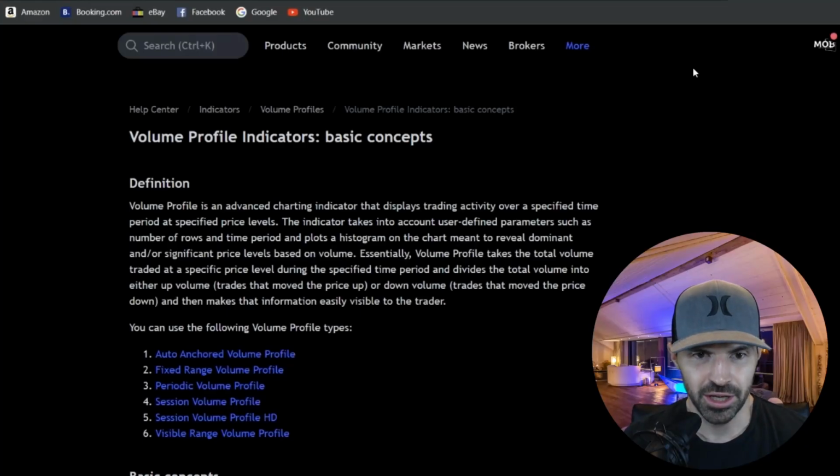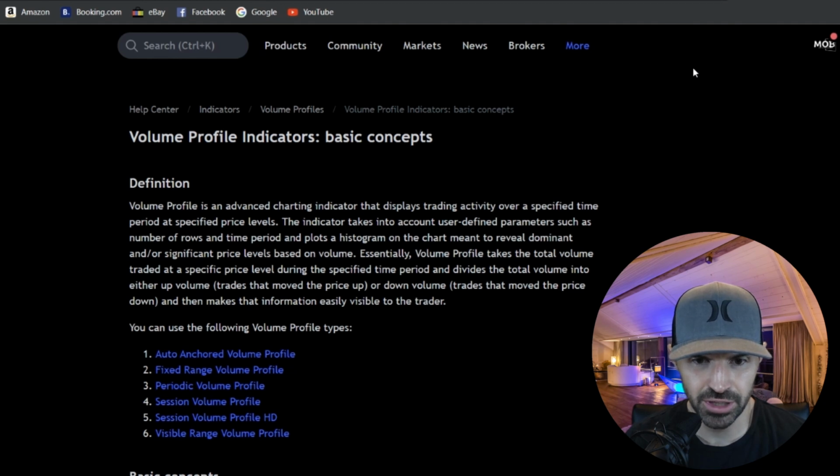Volume profile indicators, basic concepts, definition. Volume profile is an advanced charting indicator that displays trading activity over a specific time period at specific price levels. The indicator takes into account user defined parameters such as number of rows and time period and plots a histogram on the chart meant to reveal dominant and or significant price levels based on volume.